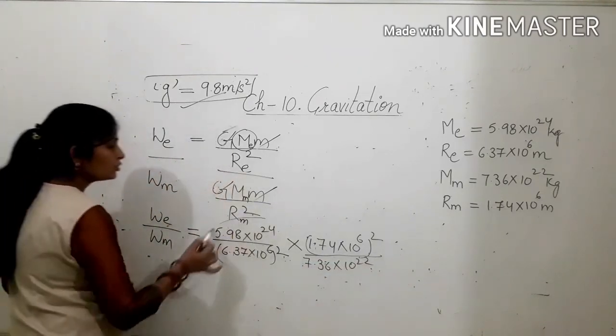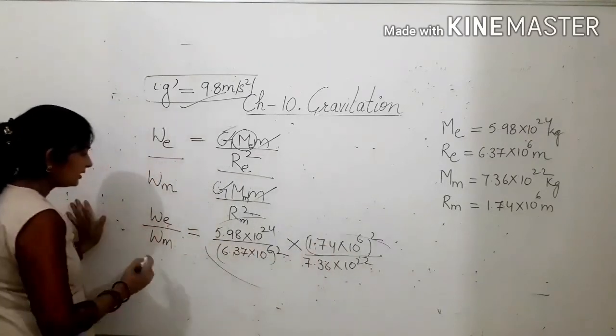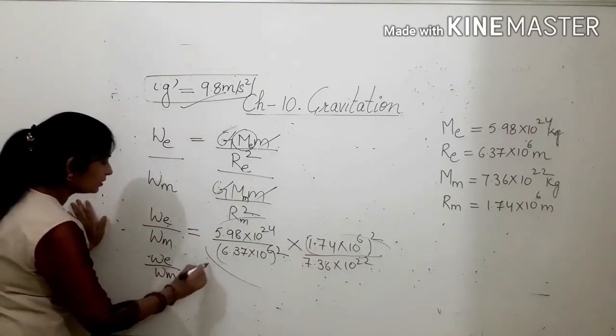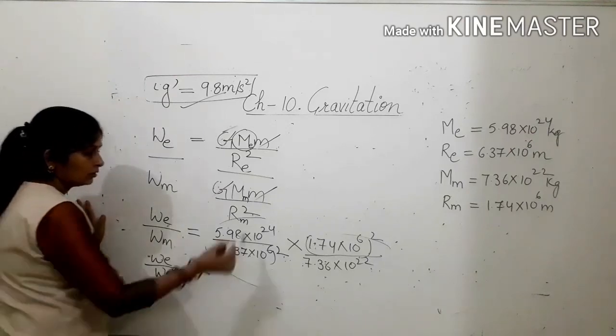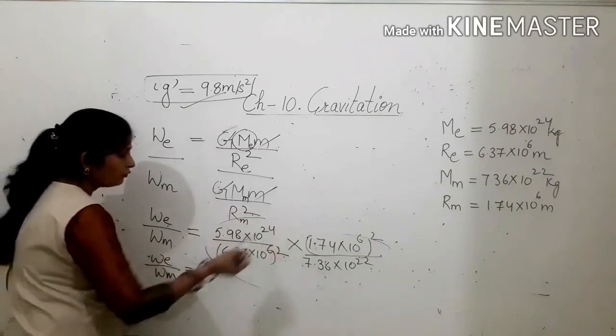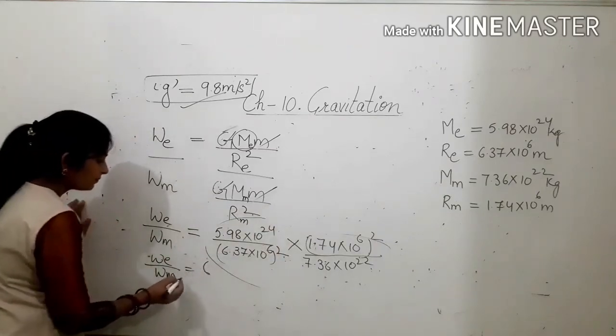When you solve this, you will get We upon Wm is equal to 6, its value will be around 6.